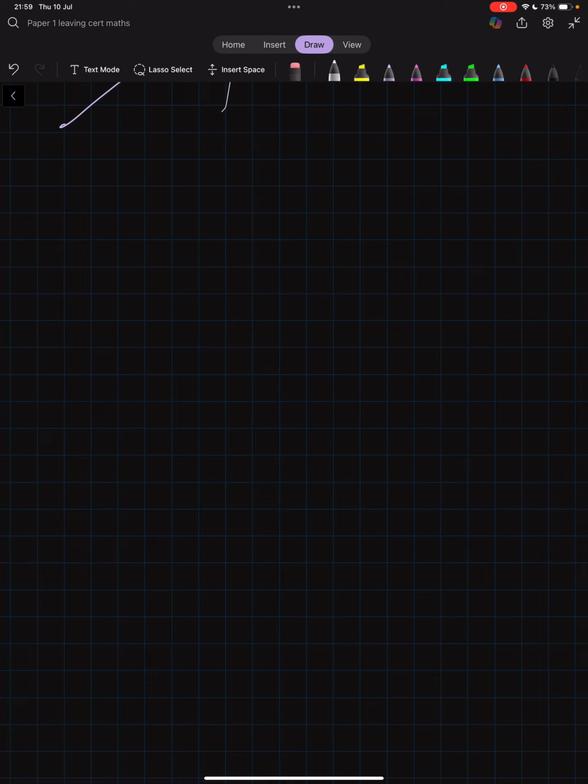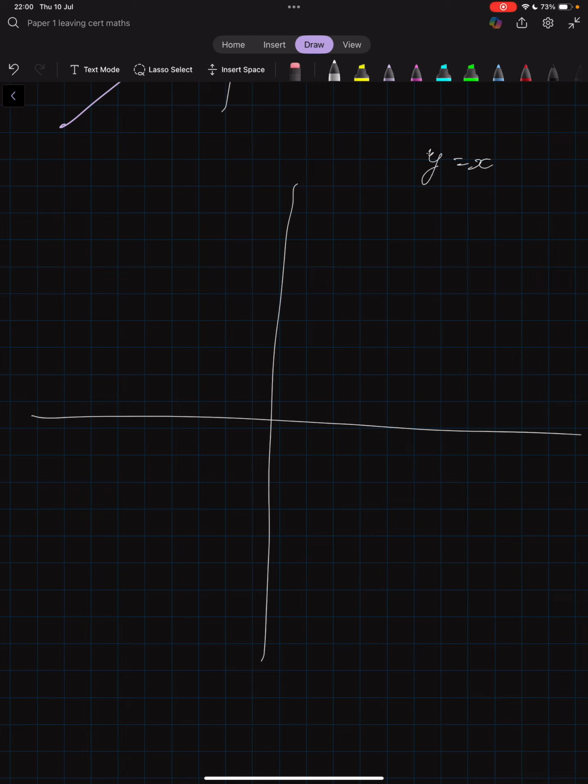So the next thing is to do quadratics. If you do y equals x squared, you'll get something that looks like this.